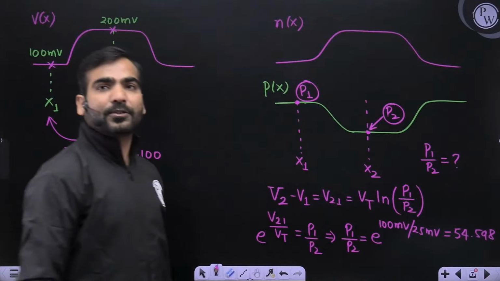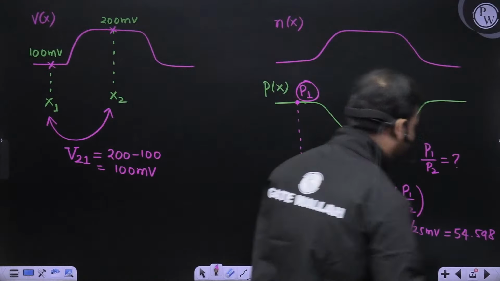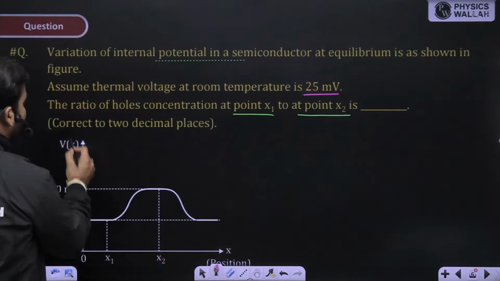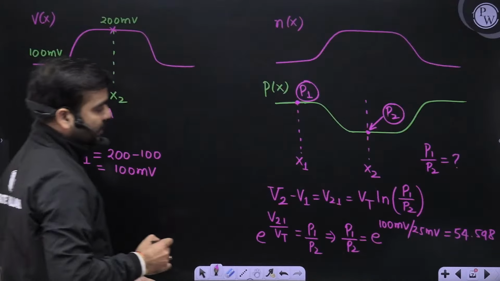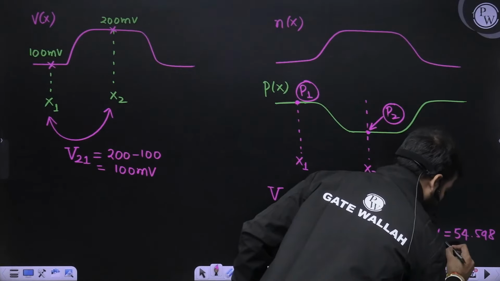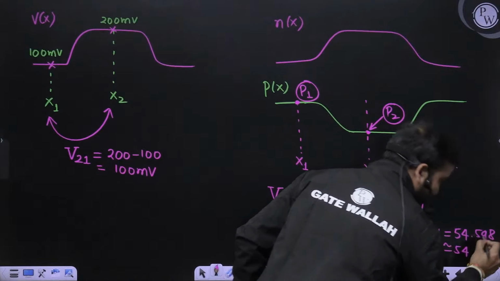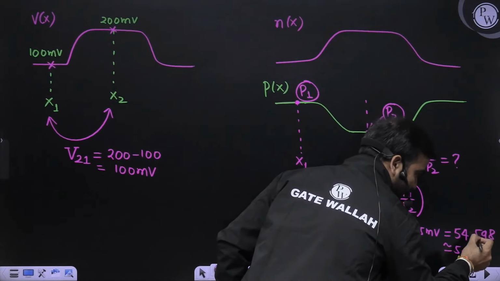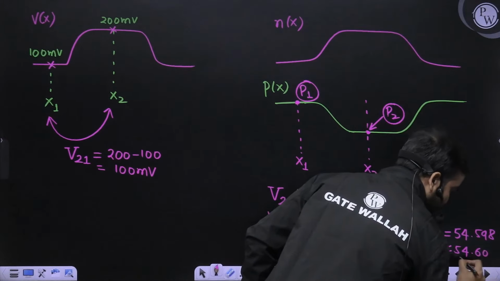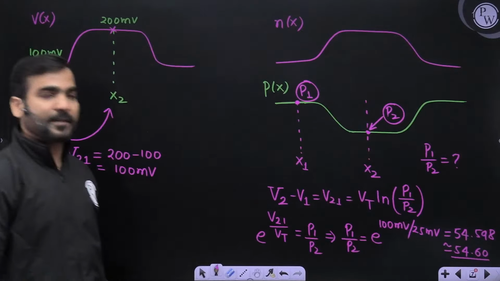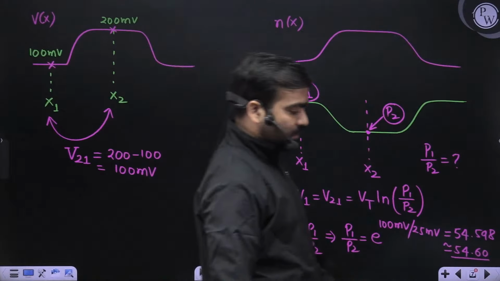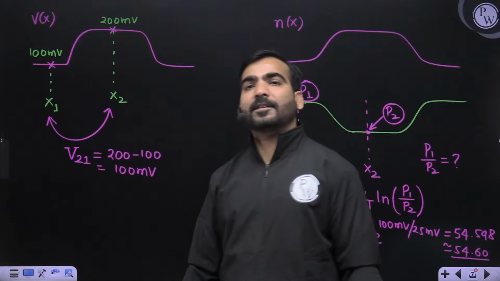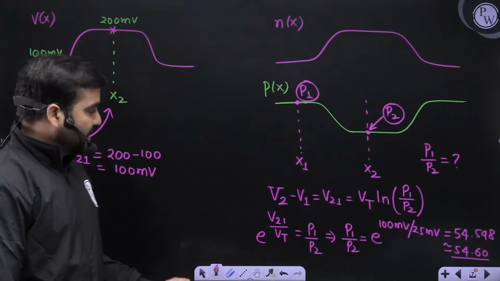This is the ratio. And now the question is all about correct to 2 decimal places. So 2 decimal places, it will be 54 point, so 2 decimal places, it will be 0 and this will be 6. So 54.60 you can say. This is the answer, right? Okay, very simple question. This is designed by me.